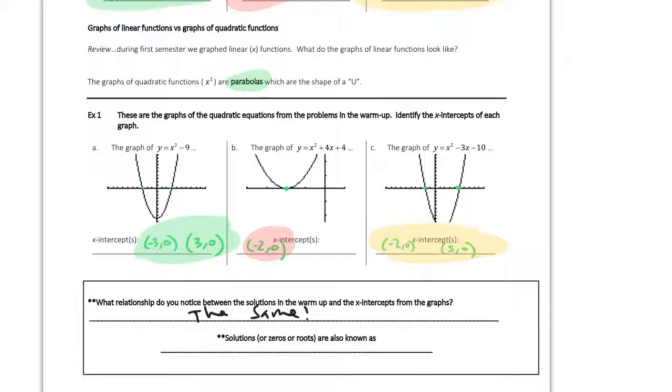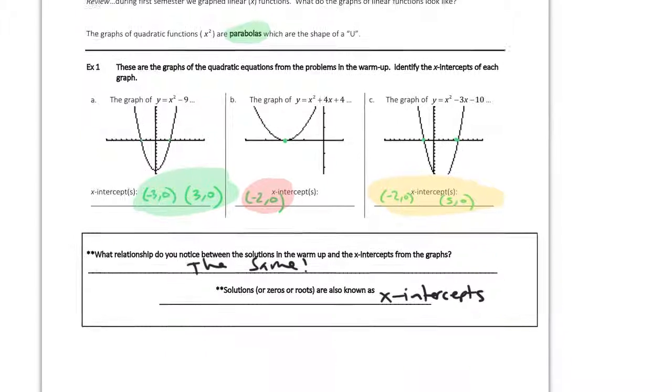So solutions, or zeros, or roots, those are all synonyms, but we'll talk mostly about the solutions, are also known as x-intercepts. If you're going to find the solutions to an equation based on the graph, we're going to look for the x-intercepts.